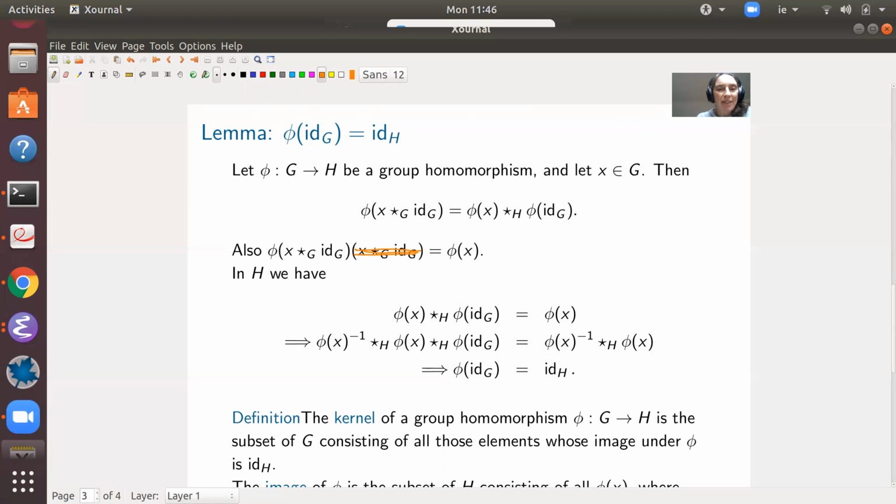I'll just erase it and I'll fix it in the typed version of the slides. So also we can observe that if we apply phi to X composed with the identity in G, that's just phi applied to X because this element is just X.